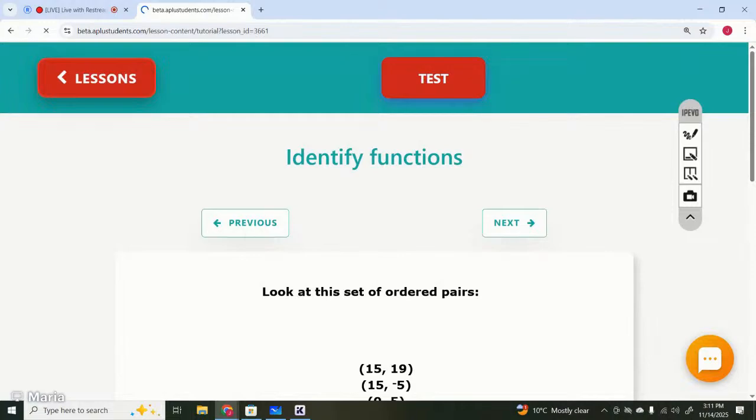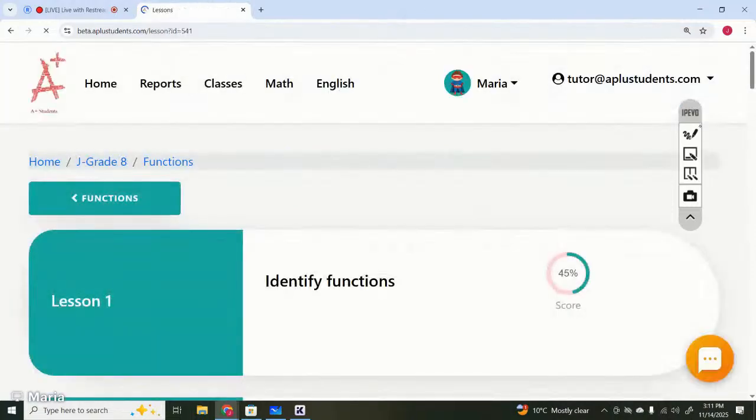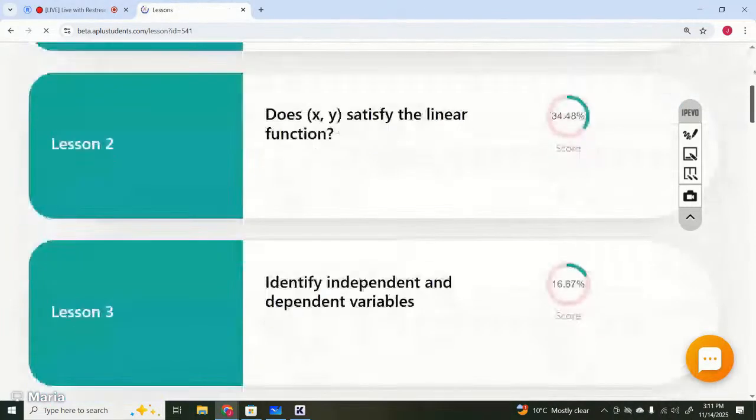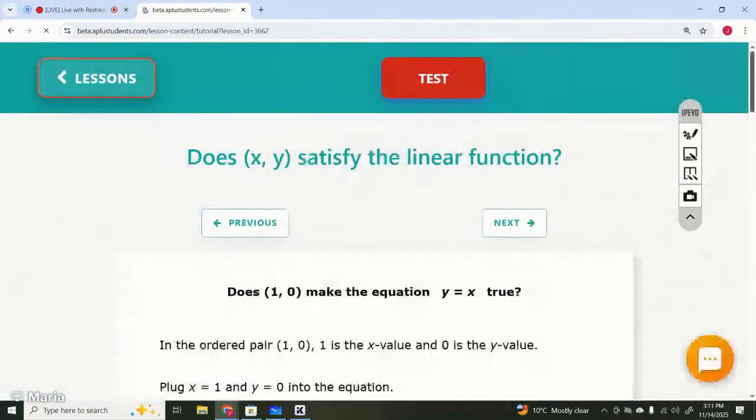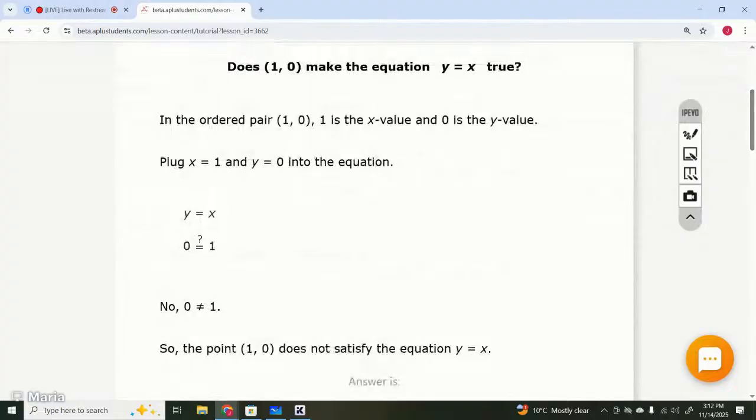The next lesson is, does (x, y) satisfy the linear function? Does (1, 0) make the equation y equals x true?